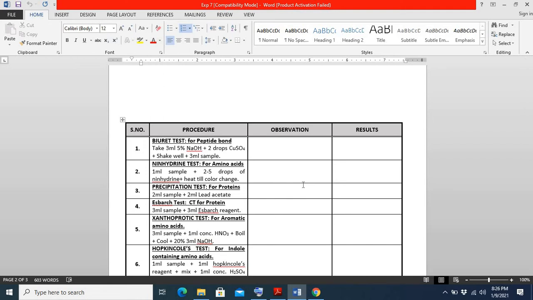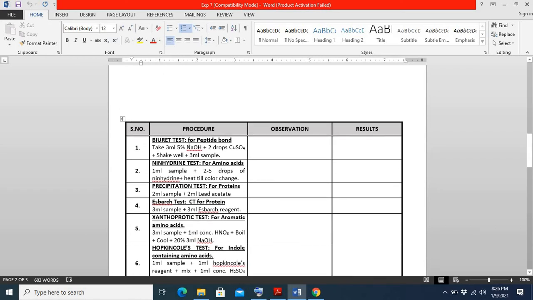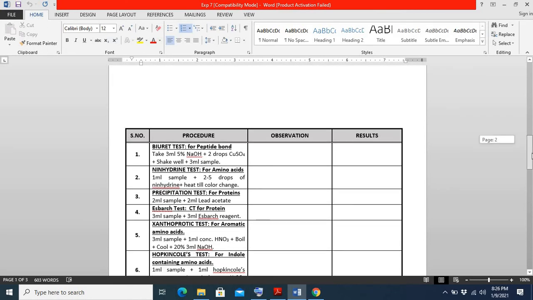When we find that peptide bonds and amino acids are present, it is the indication that the unknown sample contains protein.